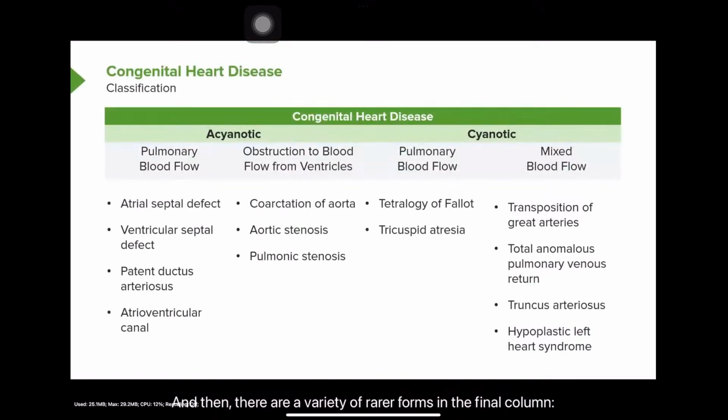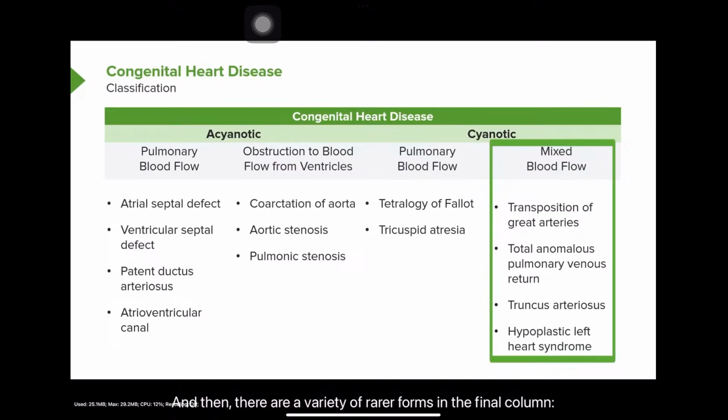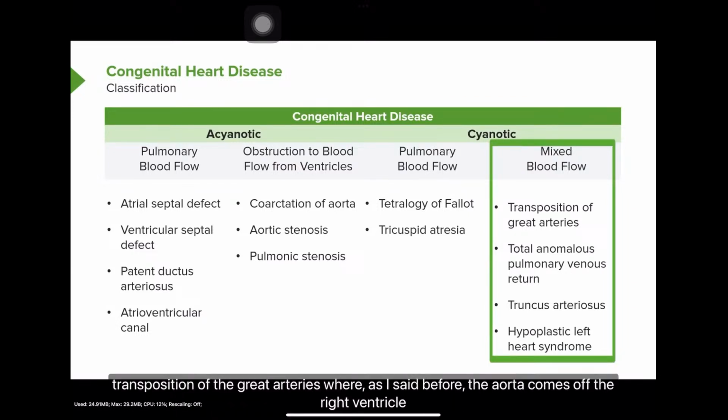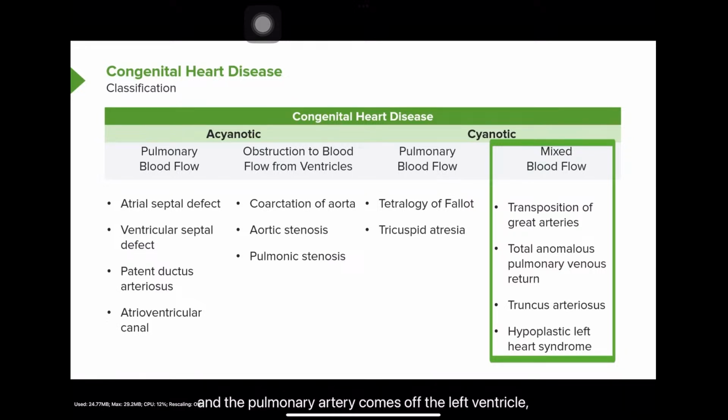And then there are a variety of rarer forms in the final column: transposition of the great arteries, where, as I said before, the aorta comes off of the right ventricle and the pulmonary artery comes off the left ventricle, and a number of less common things, truncus arteriosus. These are quite rare, but they're worth mentioning as complex congenital heart disease that's almost always corrected in childhood, because otherwise they would be fatal in early childhood.